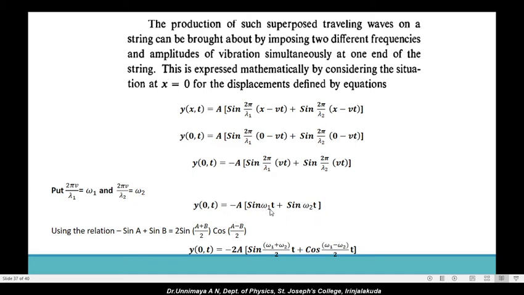Here also this equation is in the form of sin a plus sin b. Use the relation sin a plus sin b is equal to 2 sin (a plus b) by 2 cos (a minus b) by 2. So what will be the result? y(0, t) is equal to 2 into minus a, that is minus 2a, into sin (omega 1 plus omega 2) by 2 into t.